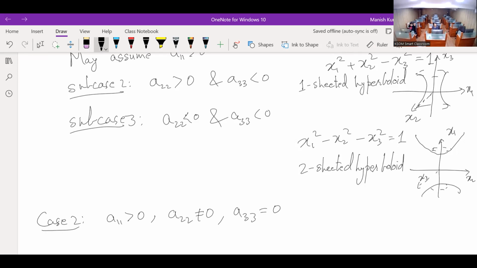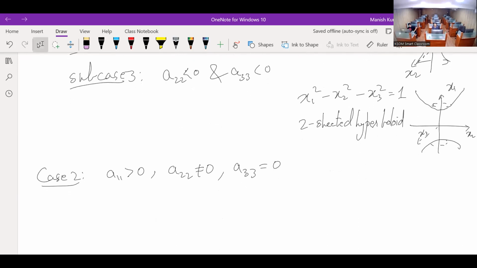So we are assuming that at least one of the remaining two is non-zero. So only one of the eigenvalues is 0, and the remaining two are non-zero. That is what we are assuming. So in this case, A22 could be positive or negative. But let's first write down this equation.